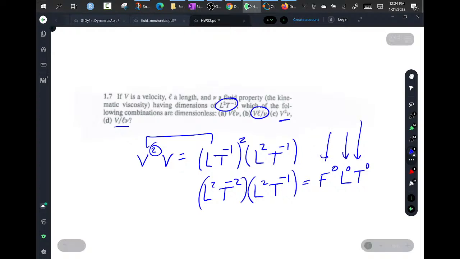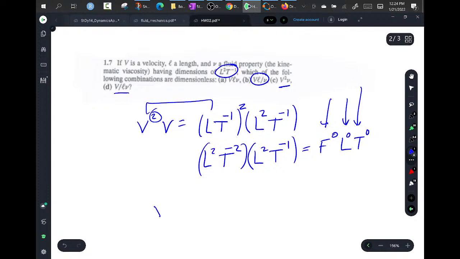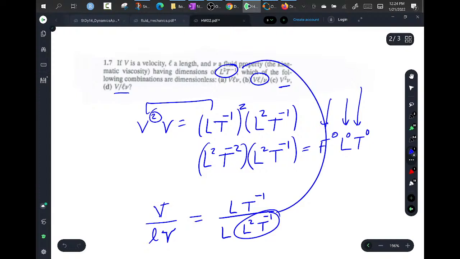Can't get it. Now let's try this one. Velocity over length, and then this viscosity. So feet per second over length, whatever that length is, times this. Oops, mistake. This coming from here.